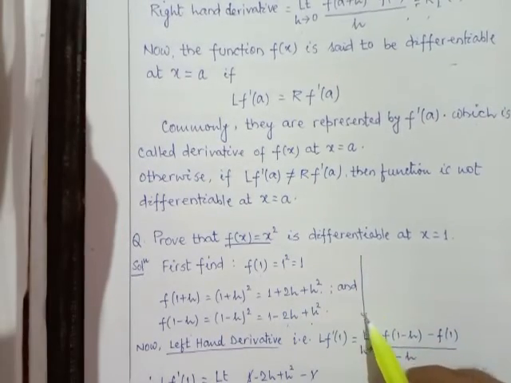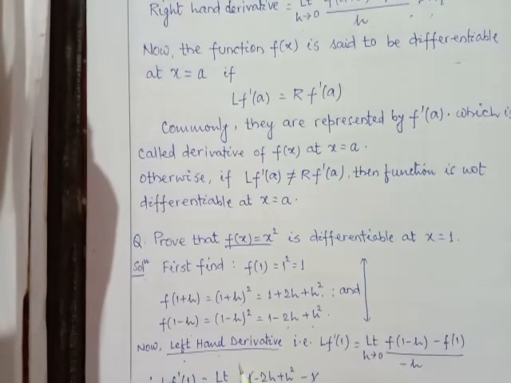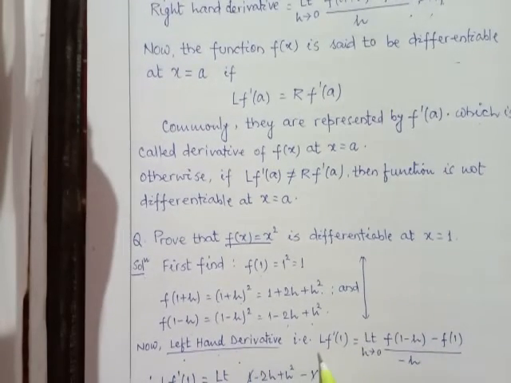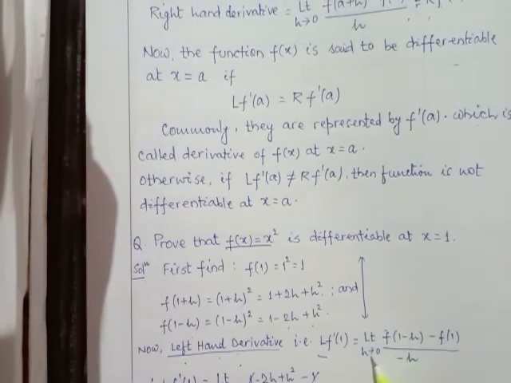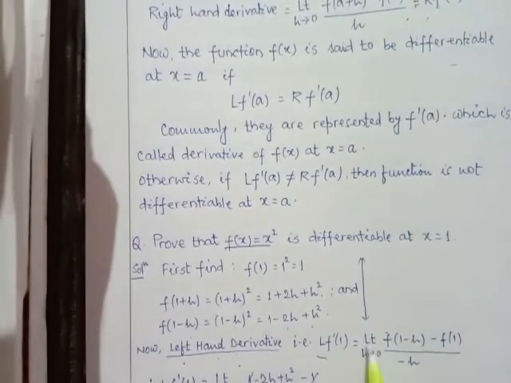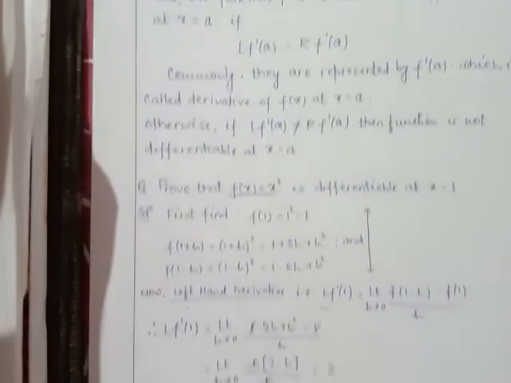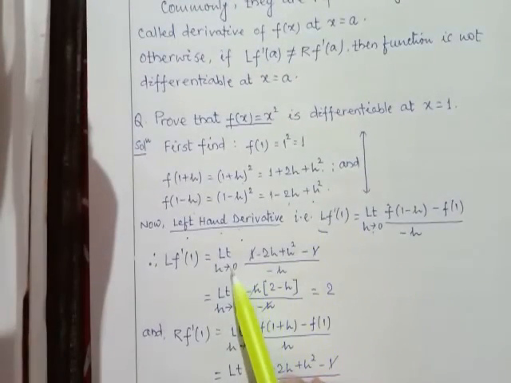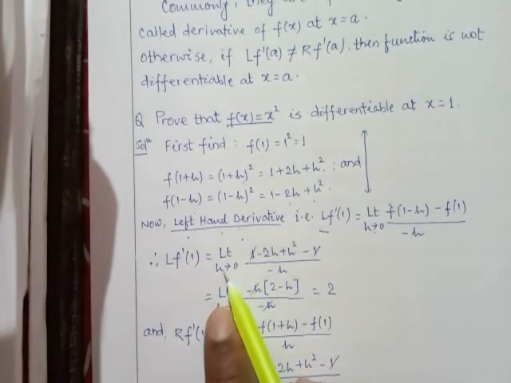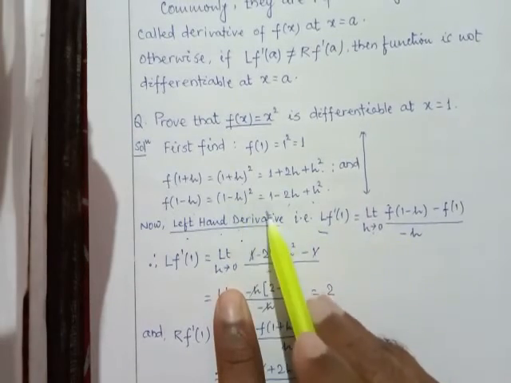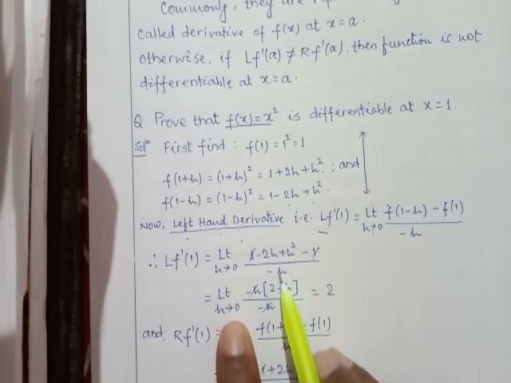After calculating the three values, now calculate the left hand derivative at x equals 1, that is L f dash 1, using the formula already written above. Limit h tending to 0 of f(1 minus h) minus f(1) upon minus h. Write down their values: 1 minus 2h plus h square minus 1 by minus h.